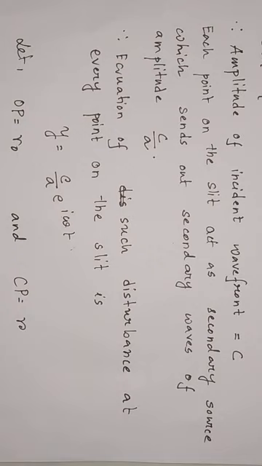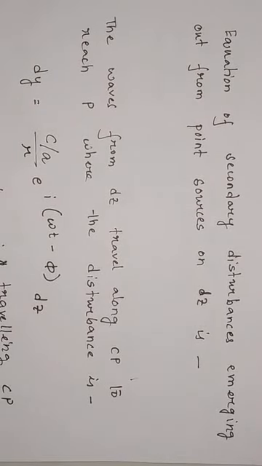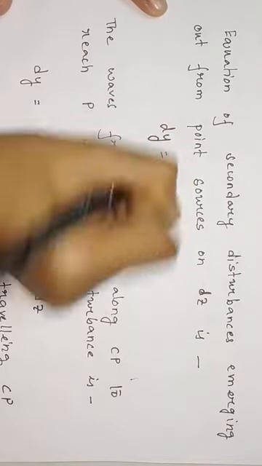So what will be the equation of the wave now? First of all, what will be the equation of the secondary wave emerging out of the point source on the slit? The equation of the secondary disturbance on each point of the slit is given by y equals c by a e to the power i omega t. Suppose on dz it is dy.